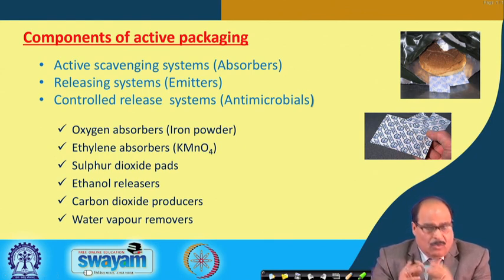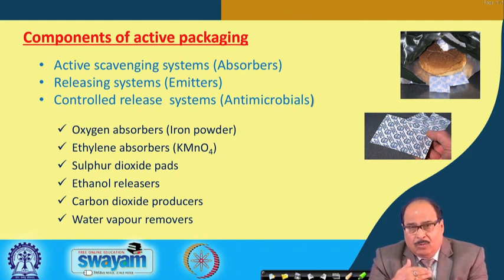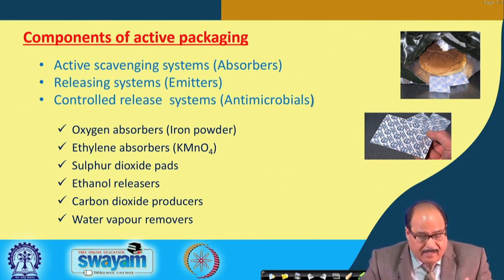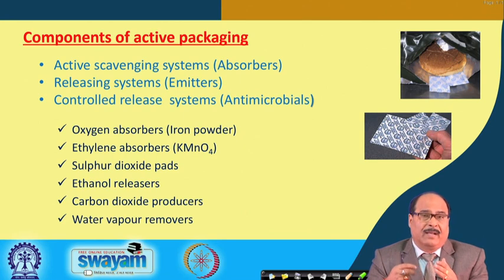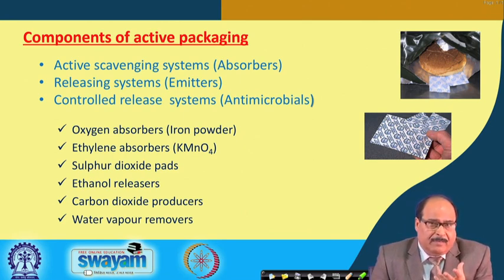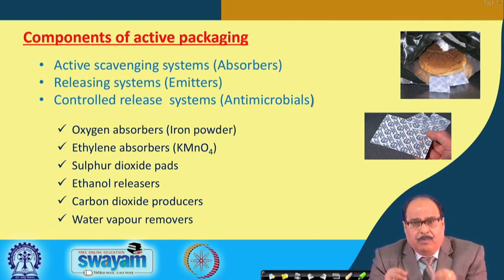Depending upon what we actually want, whether we want to increase the shelf life, or increase the ripening rate, or reduce the ripening time, or control microorganisms, etc., depending upon the desired effect, we accordingly select the relevant releasers or emitters and put them in.